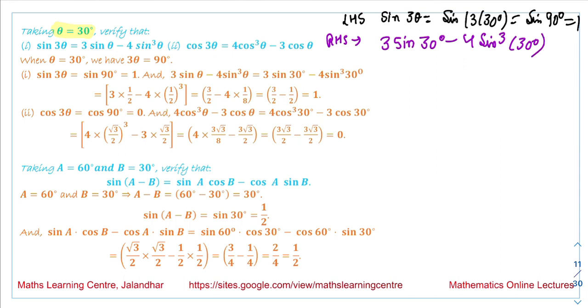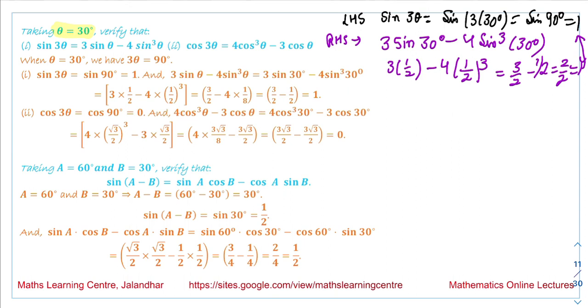The value of sine 30 is 1 by 2, so it is 3 into 1 by 2 minus 4 into 1 by 2 cube. So the answer is 3 by 2 minus 1 by 2, that is equal to 2 by 2, that is equal to 1. So LHS is equal to RHS.